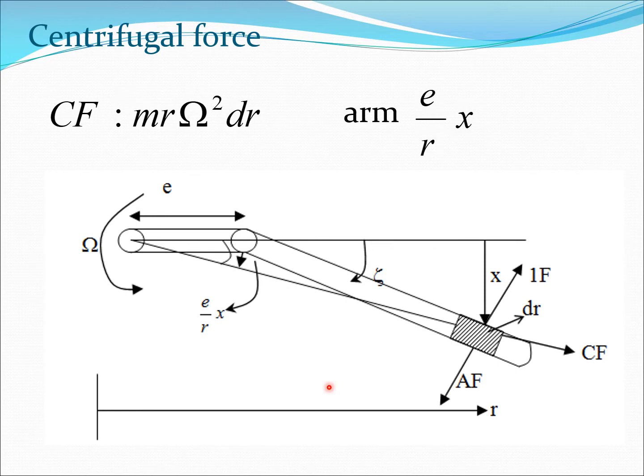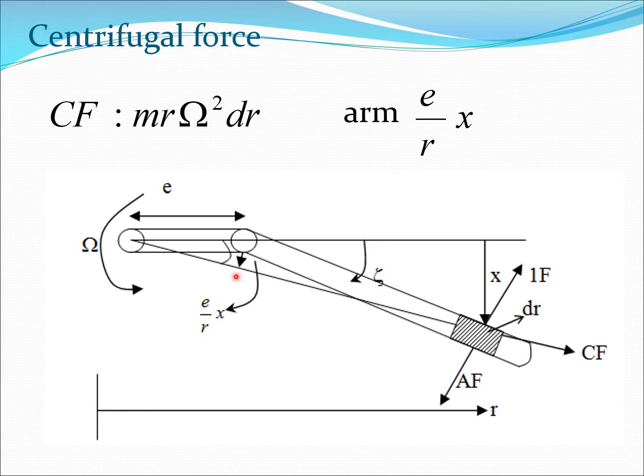Next, let's get to the centrifugal force. The centrifugal force is going to be the mass of this particular section, that is m dr, times the distance from the rotation center or axis, r, times the rotation speed squared. So m r Omega squared dr is the centrifugal force, and it acts in this path.